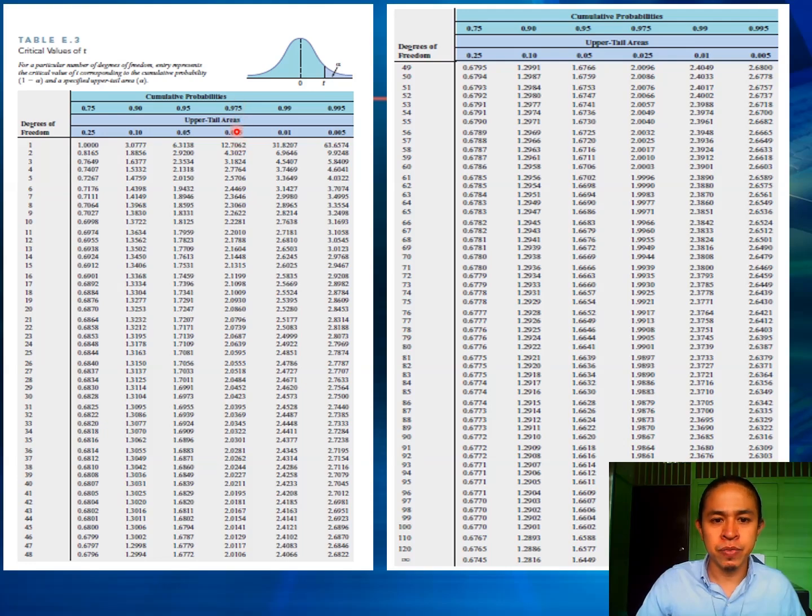So in this column, you look for the row 24. So we have 2.0619. That is now your t value. It is that easy to find the t value using your t table. So I hope you can apply this in our examples and our exercises later on.